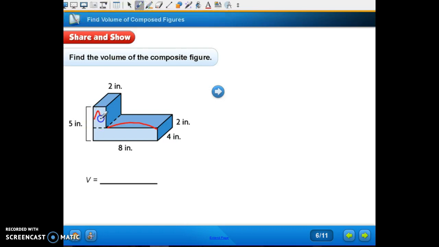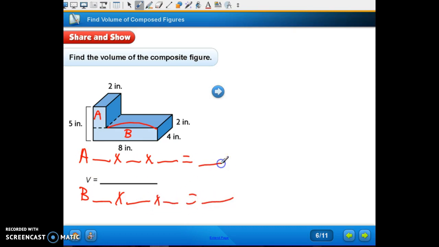Let's label this one A and this one B. And when you do it down here, I want to see your length times width times height for A, and I want to see your length times width times height for B.